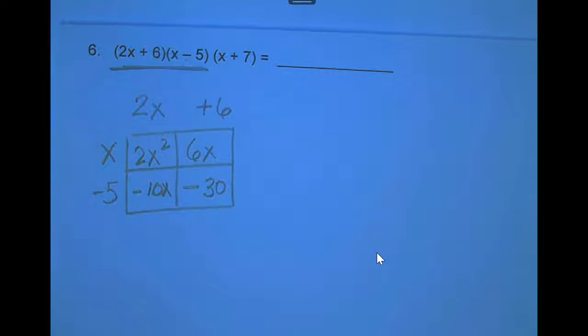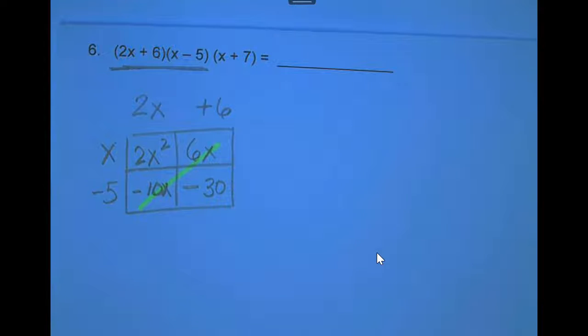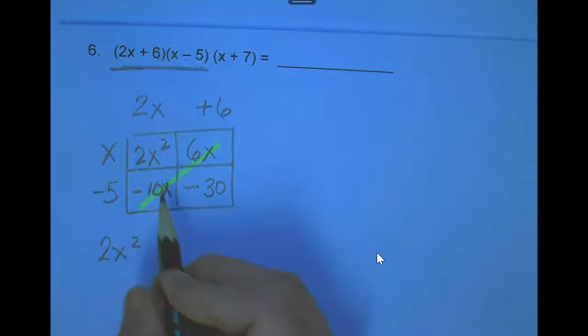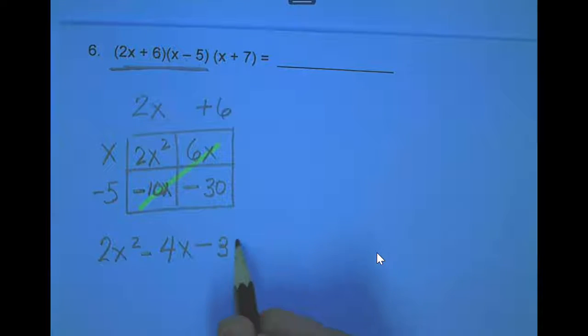Now, this is not going to go into my answer blank. This is not the answer. These 2 have different signs, so you subtract them, and you use the sign with the larger number. This is the answer for the first 2 multiplied together.